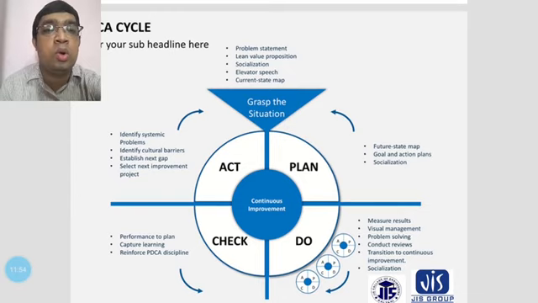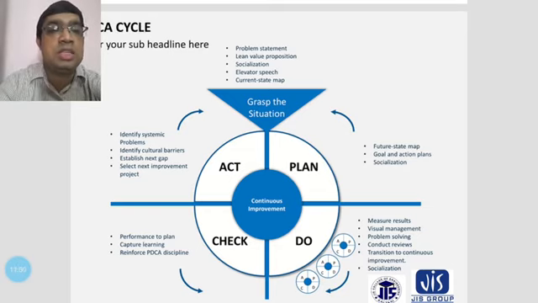And another thing also considered is socialization: each and every thing, like the plan and the do system, all of these are maintained according to socialization.